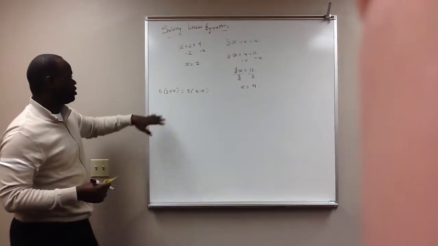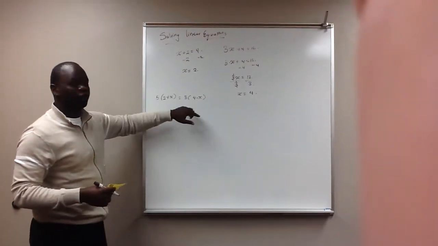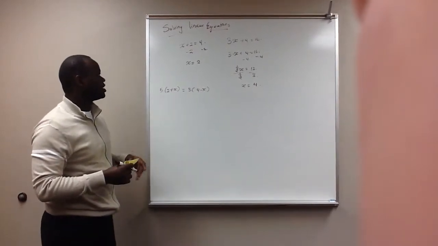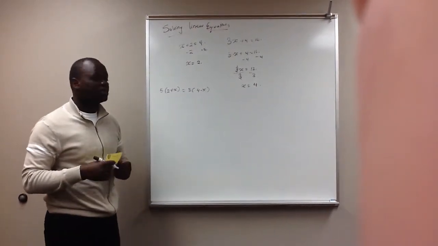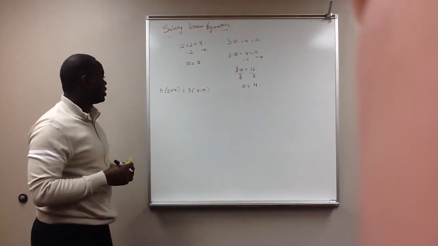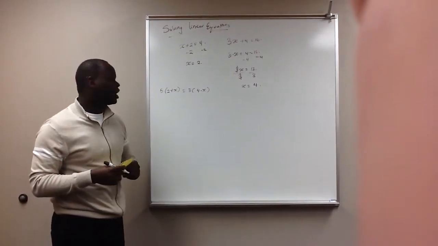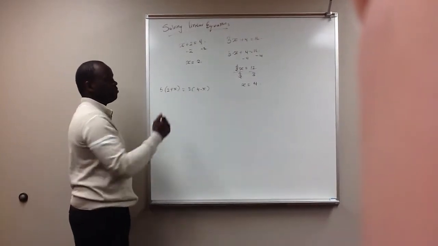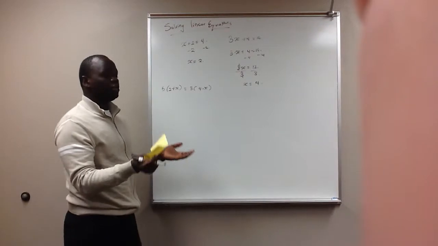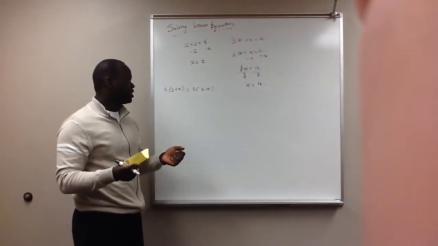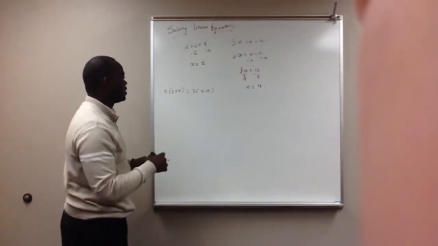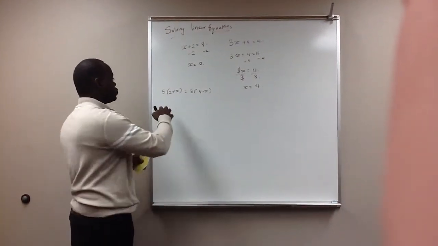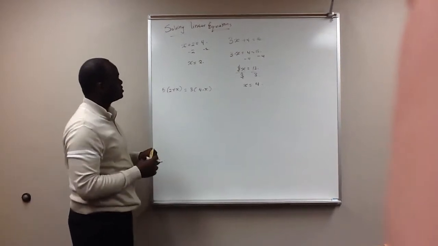And as you can see here, we have employed parentheses in our expression, and this is a very key element as far as solving linear equations and other mathematical calculations.